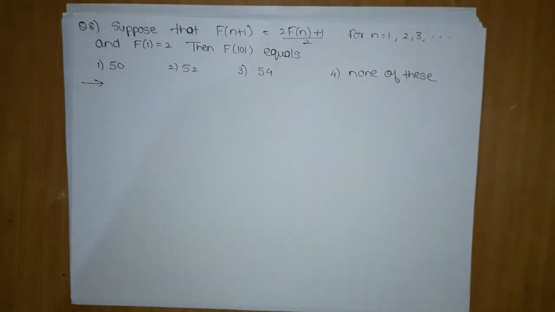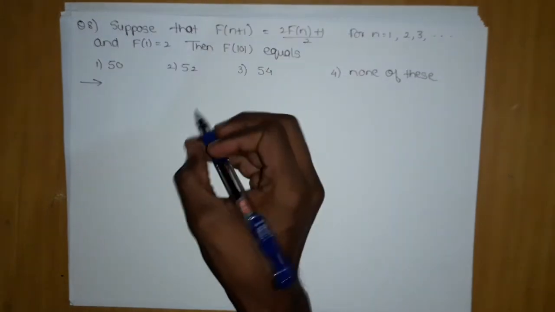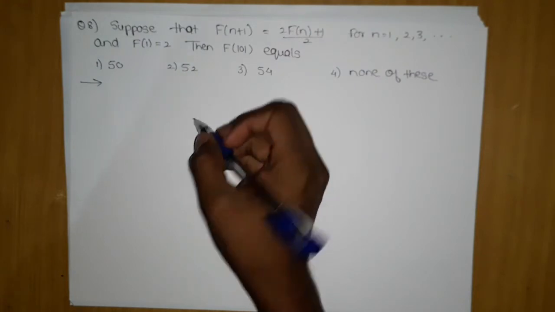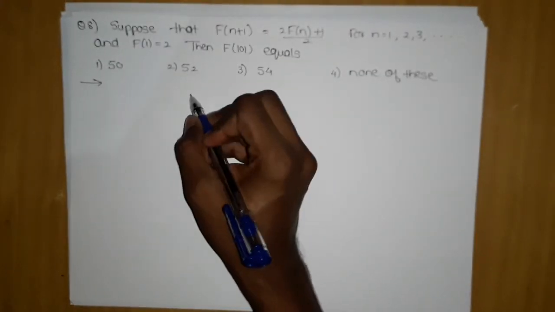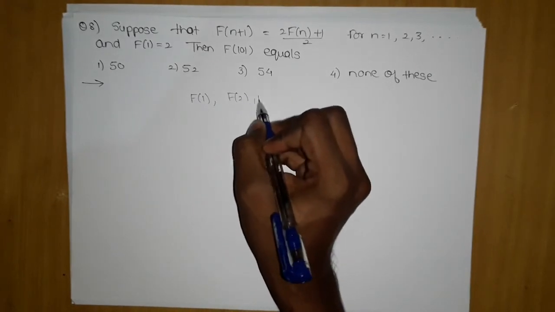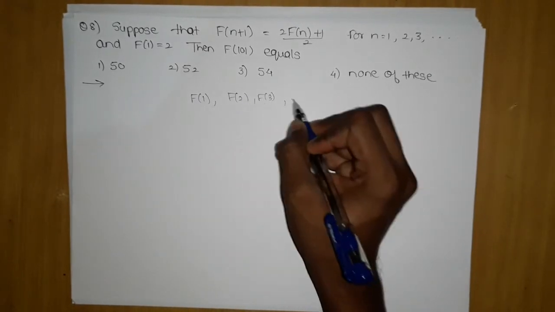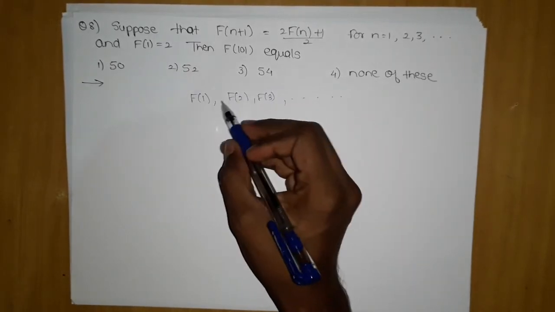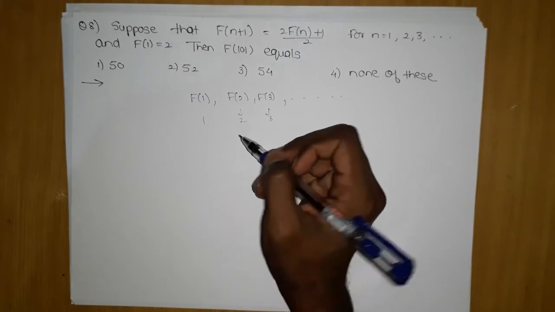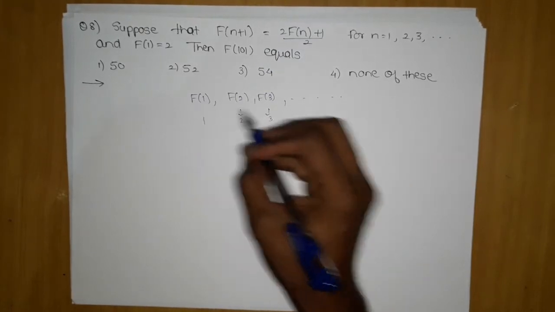A function is given. First thing, do you know that AP can also be possible in f(1), f(2), f(3)? The function gives some values, like 1, 2, 3, and they are in AP, so it can be in terms of function.